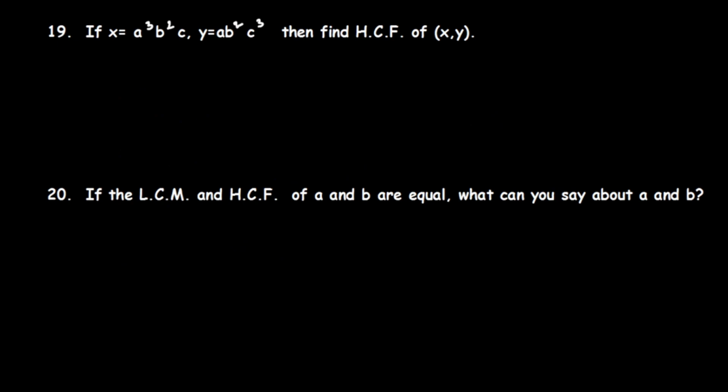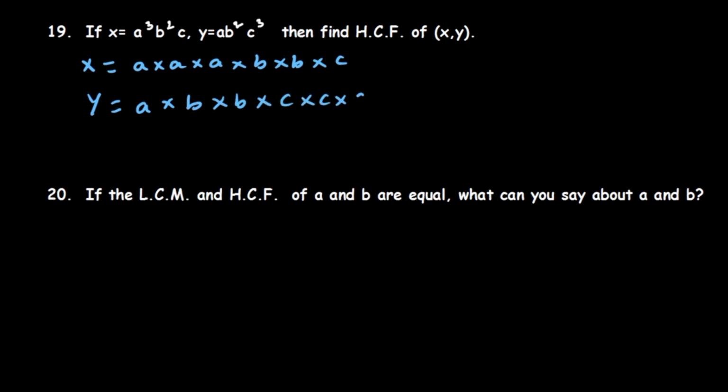If x is equal to a cube b square c, y is equal to a b square c cube, find the HCF of x, y. So okay, we have to find highest common factor, right? HCF means highest common factor. So if you have any problem, you can write like this: a cube is a into a into a, b square is b into b, into c, and here y is a into b square, b into b, and c cube we write c into c into c.